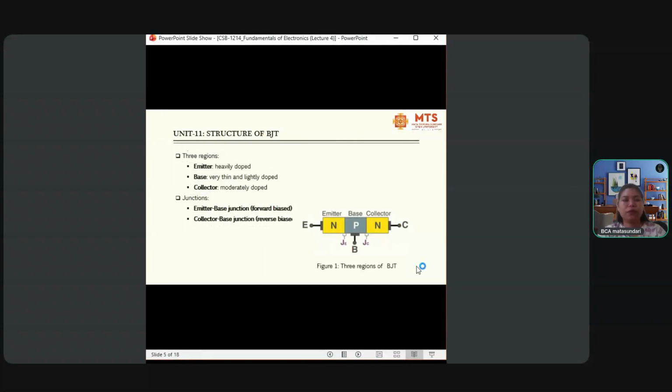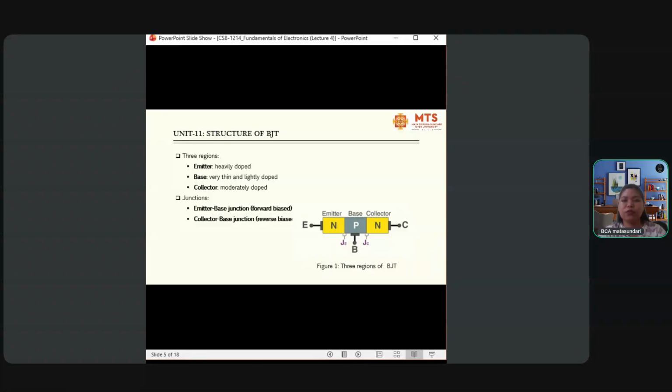So moving forward, let's understand the structure of BJT. Here you have seen three regions of BJT: emitter, base and collector.